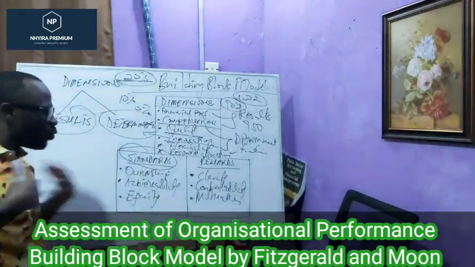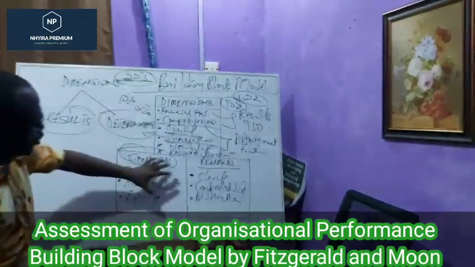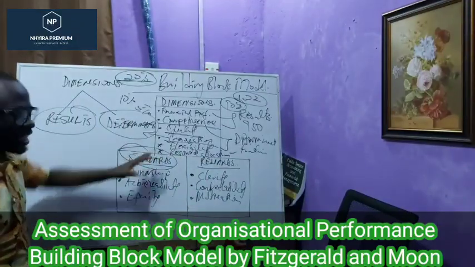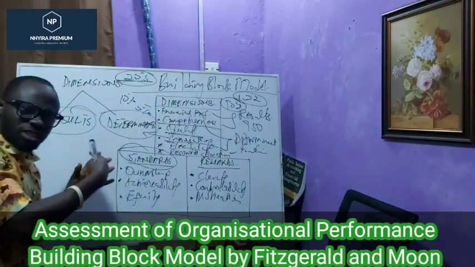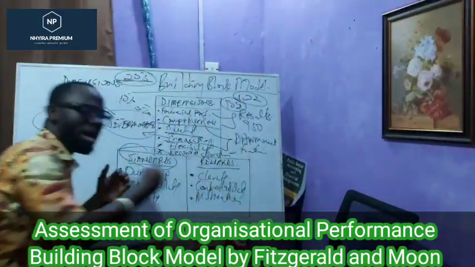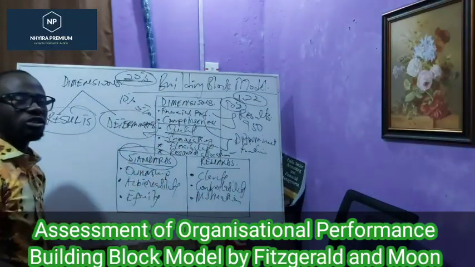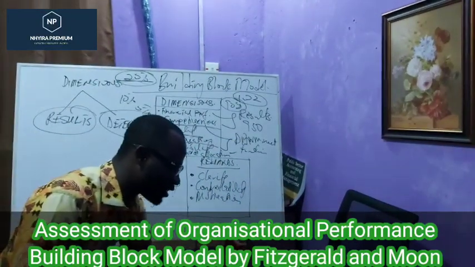What is my reward? What do I get at the end of the day? That is the issue about the reward. So for every standard that we set, there has to be a reward system. That is what the employees will receive, what the department will receive when they actually achieve the standards that has been set.